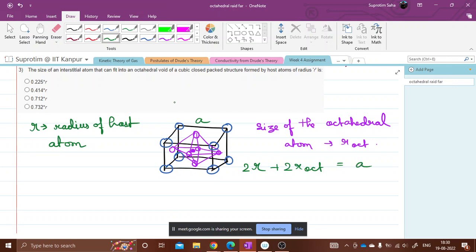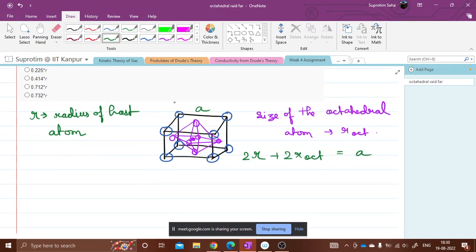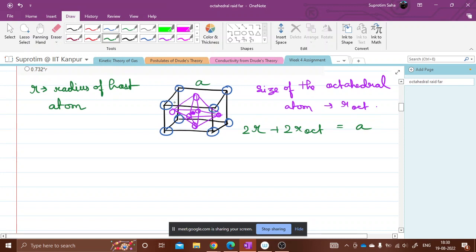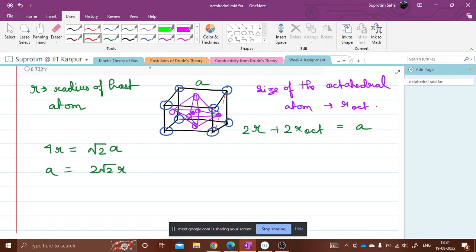But from your FCC rule, 4R equals root 2 times A, so A is 2 root 2 R. Simple. Just draw a diagonal along this face. The sphere that sits in the face touches these spheres also.